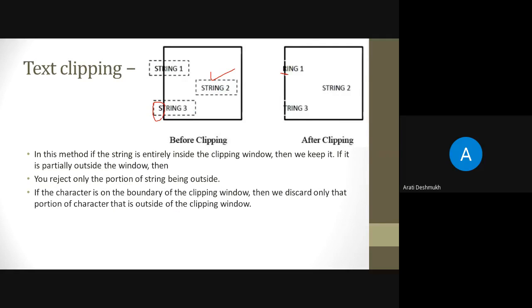Before, we discarded str, but here we only discard st. Here we only discard s, and the remaining is tring. If the character is on the boundary of the clipping window, we discard only the portion of the character outside the clipping window. Okay, this is text clipping.